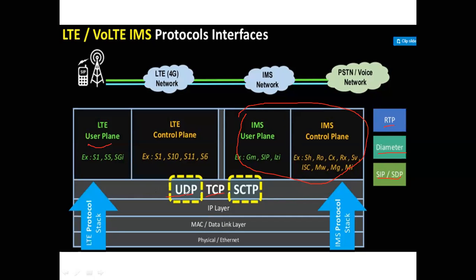But in the case of TCP, the receiver party has to send the acknowledgement, and based on that only the sender party can send the new packet, or otherwise it retransmits the same packet. But here one more, instead of TCP we are using SCTP. Why we are using SCTP, we will learn in an upcoming slide.